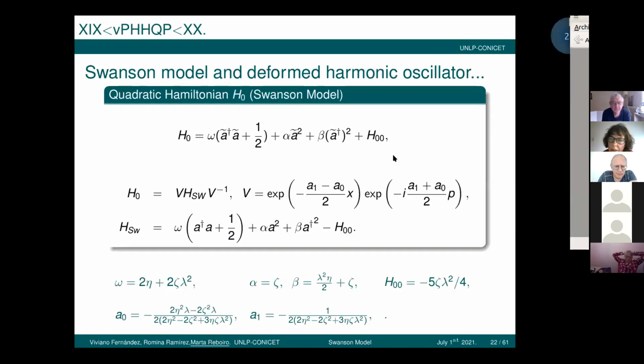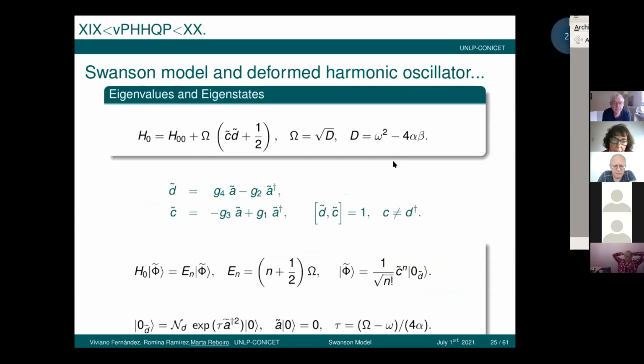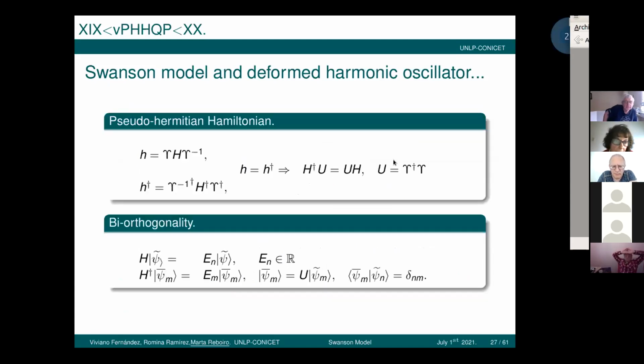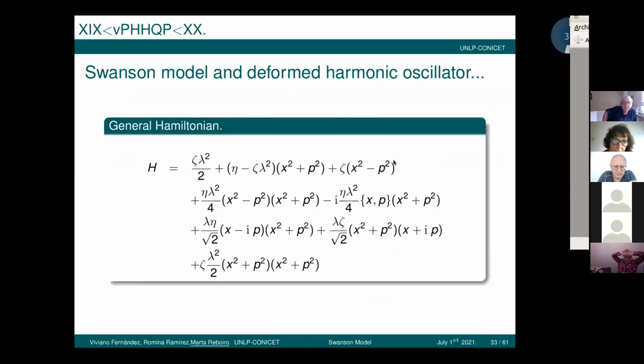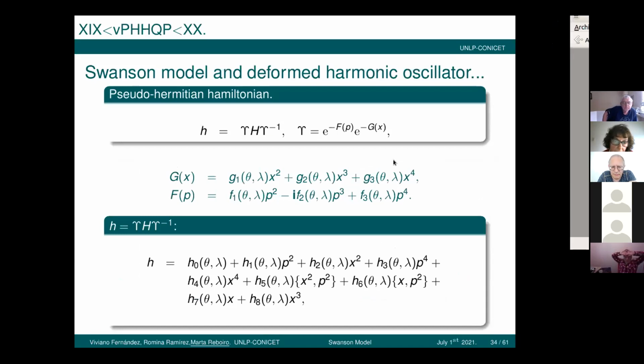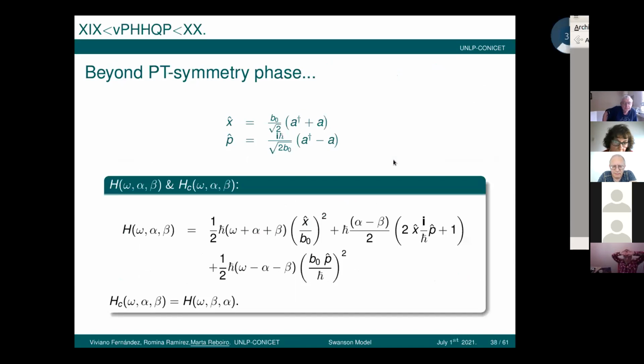You come to a Hamiltonian that is position dependent. But here it is not more of algebra. Here is the Swanson Hamiltonian. Okay, maybe without wasting the time, I will contact you offline.